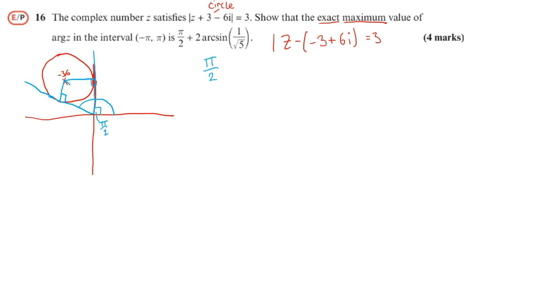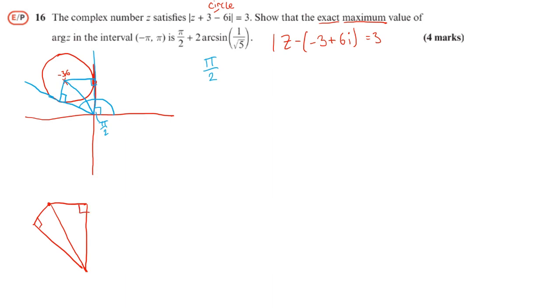We can also draw a line down here, and we have two right-angled triangles, like a kite shape, and these are right angles.